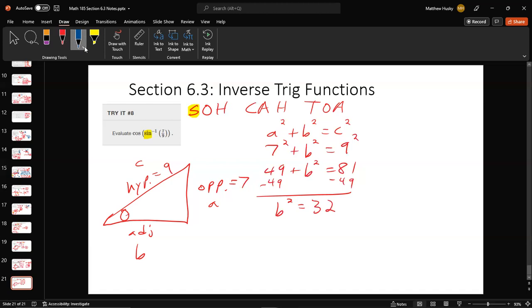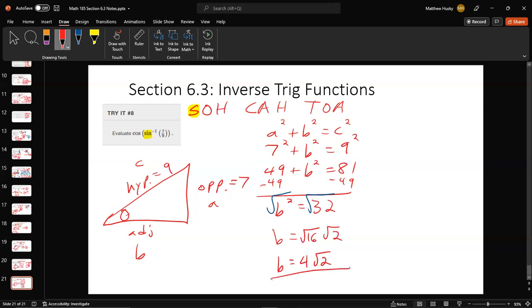So then we need to square root both sides. And fun fact, you can actually break apart the square root of 32 because that is root 16 times root 2. And fun fact about 16, that has a square root, so this is 4 root 2.